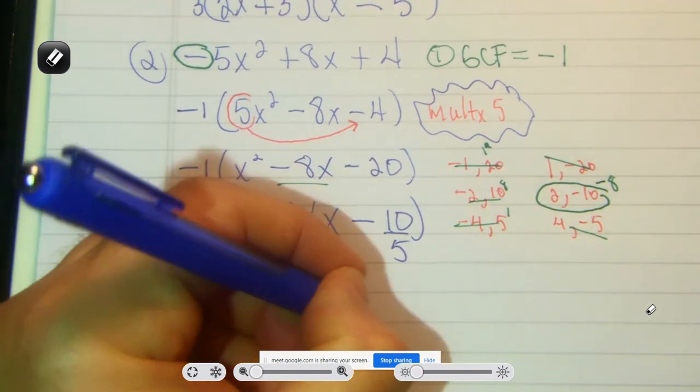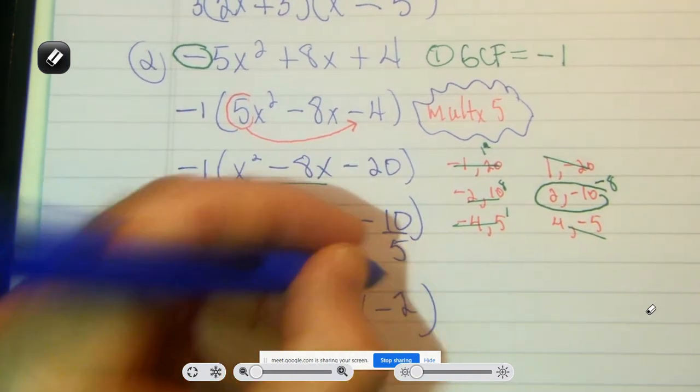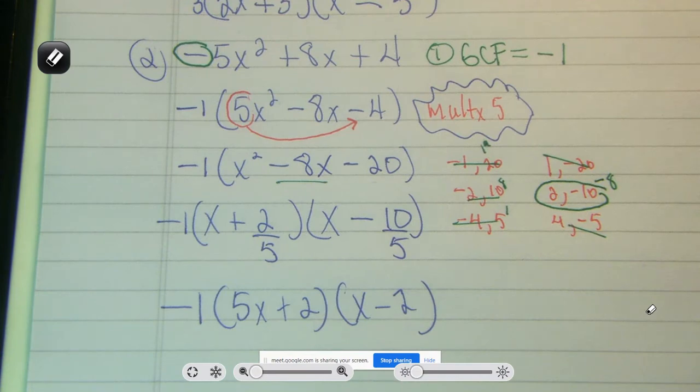And then x minus 2. There it is factored. Once you practice it, you'll discover that it becomes a lot simpler. The more you do it, it's actually pretty easy. And by far the simplest way to factor.